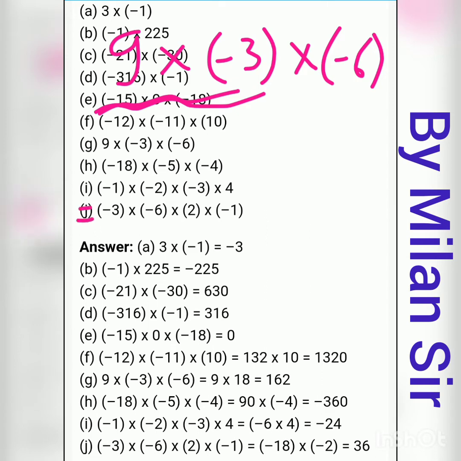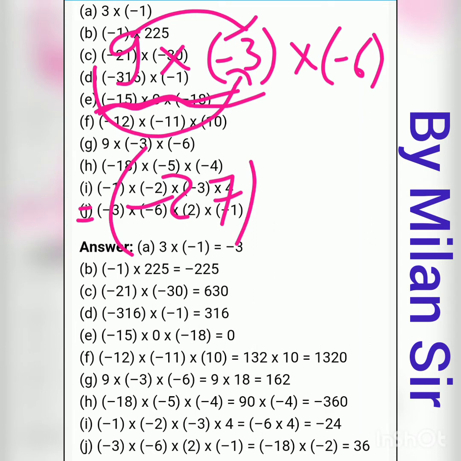So first of all, 9 multiply 3 is 27. 9 has a positive sign, 3 has a negative sign, so plus minus is minus 27. Then multiplication with the last term, minus 6.